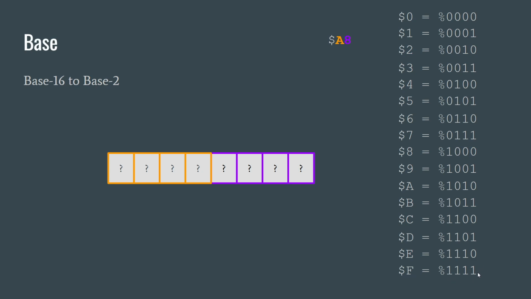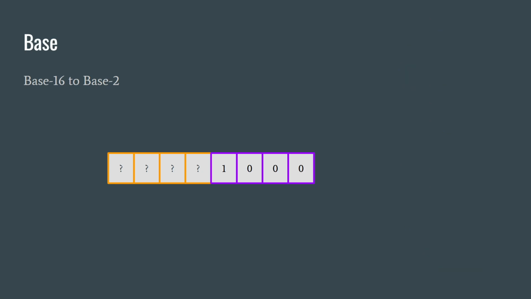If you add 1 more, they all roll over and you pop off 1 carryover here. And so I think memorizing this chart is valuable, and it's really only A through F that you need to memorize because the rest of them are the same for decimal and hexadecimal.